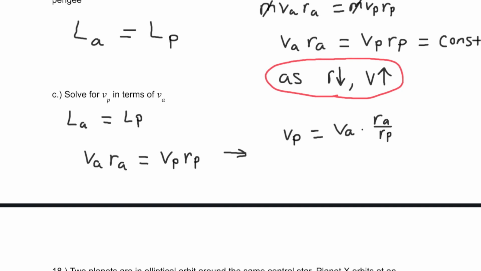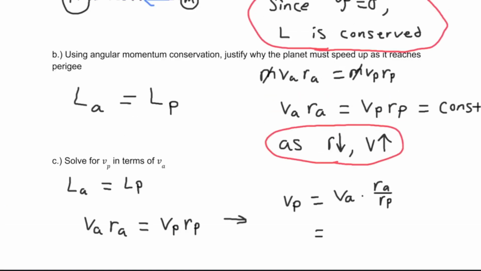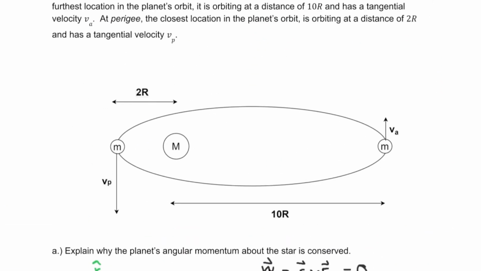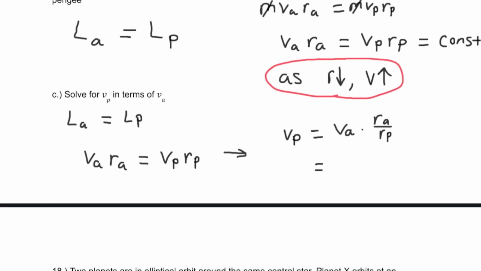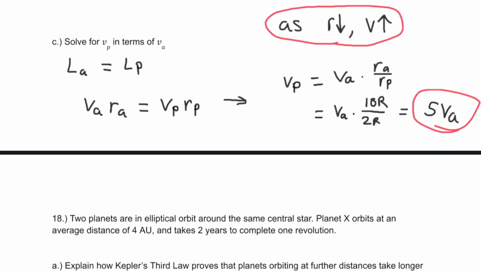And now let's plug in some values here. So R at apogee is 10R, and it's 2R at perigee. So we get V_A times 10R divided by 2R, which just gives us 5 times V at apogee. So if we're getting 5 times closer, we must be moving 5 times as fast, which is how you could have done that without using the equation.